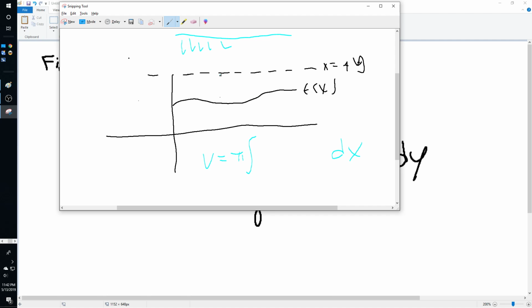So I am asked to find the region enclosed by f of x and the x-axis. So I want this region. I just made that up, but let's say I want this region rotated around. Okay, so I've got to find big R. Big R is going to be from your line of rotation all the way to the farthest point.